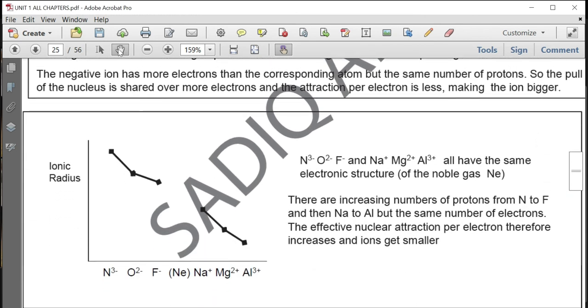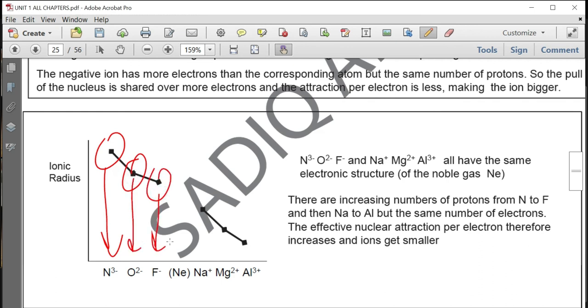You can see the ionic radius now. When we are moving from nitrogen 3 minus to oxygen to fluorine and then neon, sodium, you can see the ionic radius here, the bigger one for the 3 negative, and then comparatively smaller. This is a comparison between negative ones, and see the comparison between positive ones.